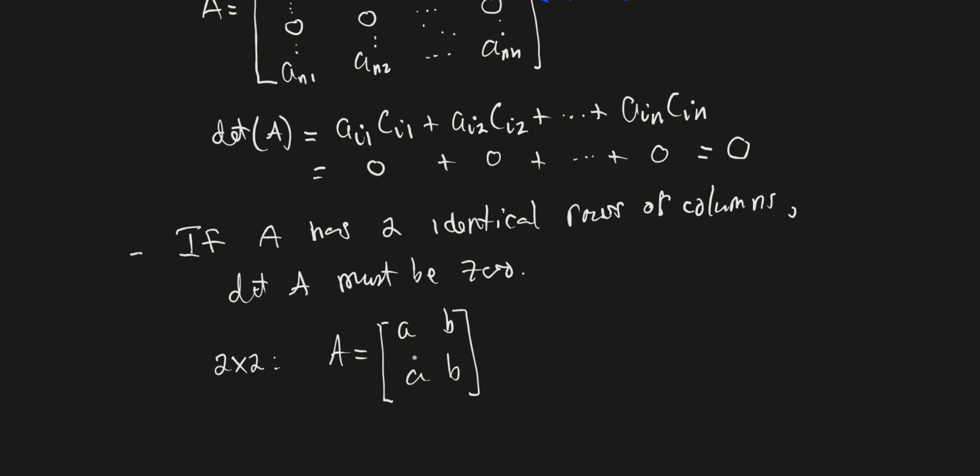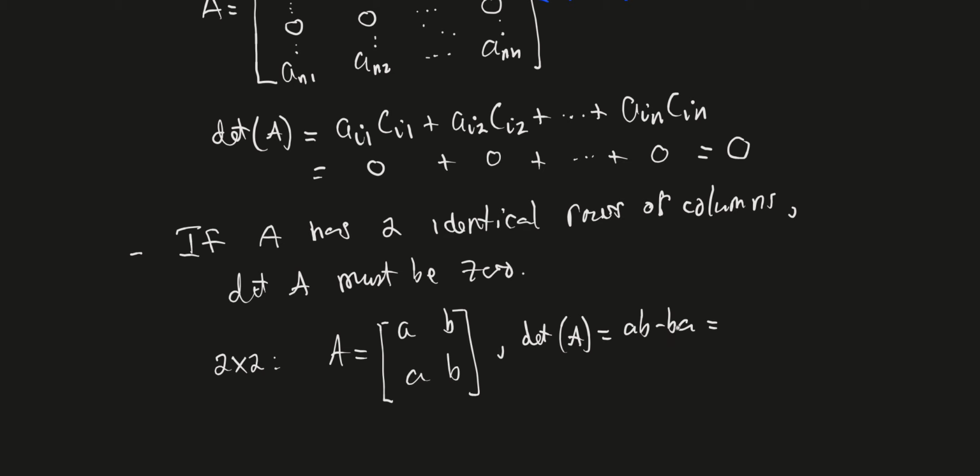If this is the case, let's use our formula for the determinant of a 2 by 2 matrix and see what happens. If I multiply these two, I'll get AB. If I multiply these two, I'll get BA, right? But these are real numbers, so they're commutative under multiplication.